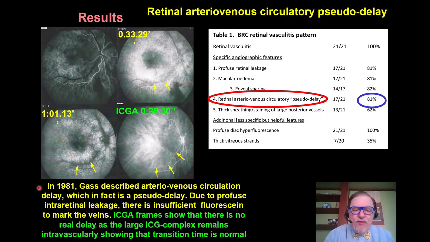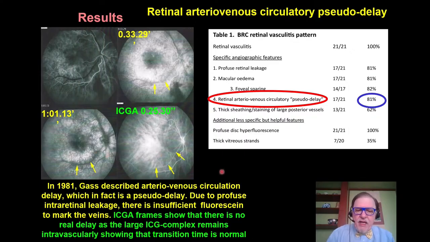Due to profuse intraretinal leakage, there is insufficient fluorescein to mark the veins. If you take ICGA frames, you can see that in this case, after 25 seconds, already there is perfusion, which is absolutely not shown on fluorescein angiography, because all the fluorescein has gone into the retina.